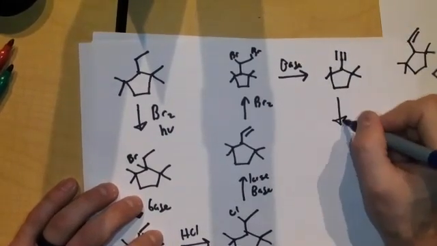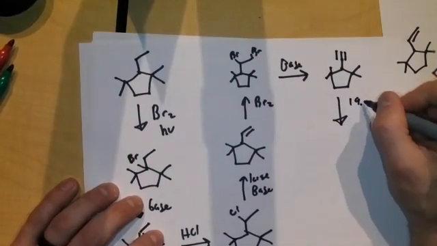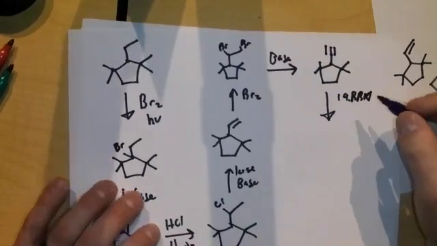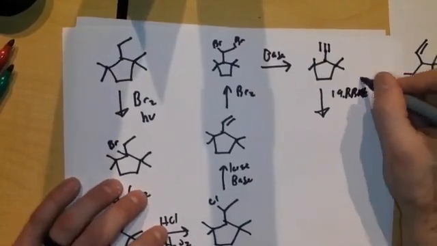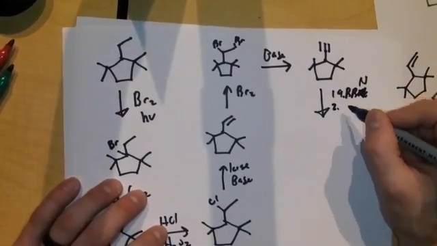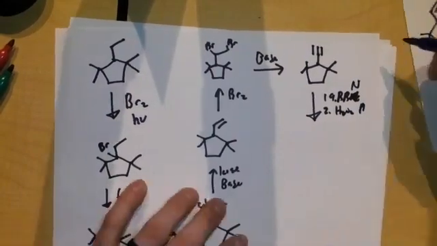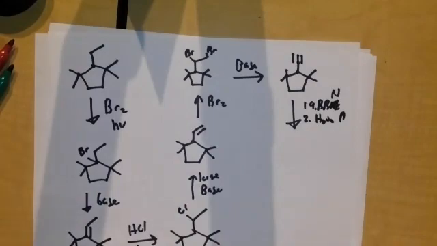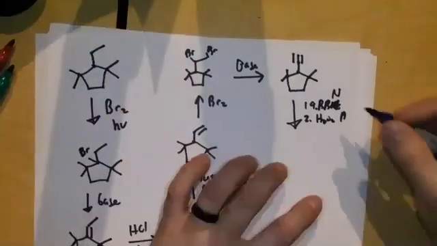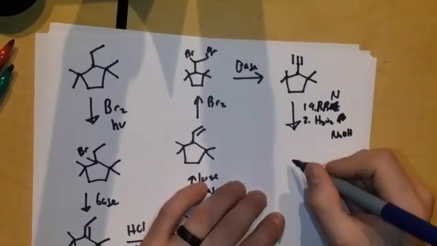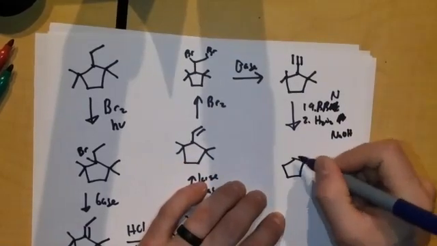And then finally, something like 9-BBN and H2O2 and NaOH will let us make our aldehyde product.